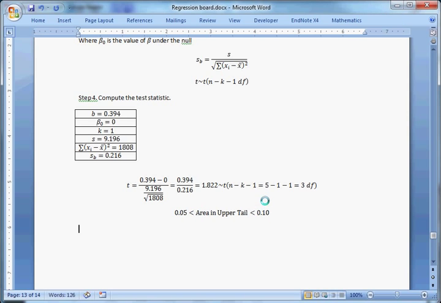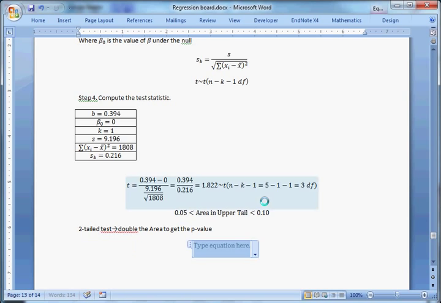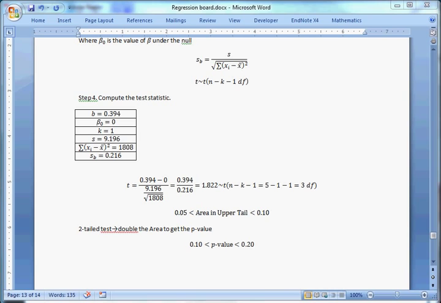Now these are always going to be two-tailed tests, right? Because we're testing against the null of equality. So we double it. We got to double the area to get the p-value. So we double the left side to get 0.10 is less than our p-value is less than 0.20. Now it depends on what your level of significance is, but this seems like there's not a significant relationship.